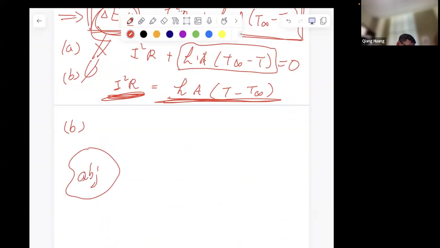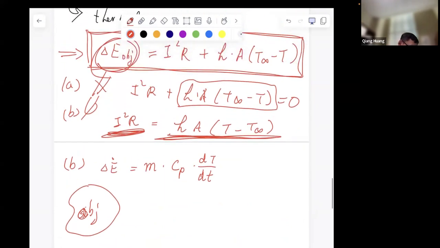Any object, the thermal energy change can be described by how much material it has, times the specific heat, and then times the temperature change. That's the change of the thermal energy. And then the left side is this, the right side is still the same. And then you can solve this equation.